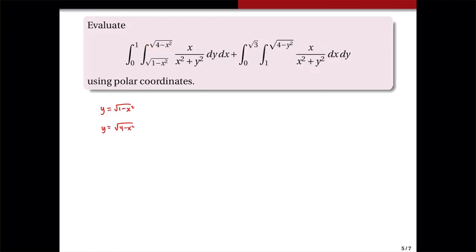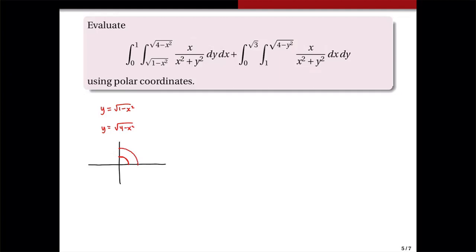So if we try to sketch them on one Cartesian plane, you will have for the first one, say this is of radius 1 and then 2, 1 and 2. So this is the first one, and then this is the second one, right?